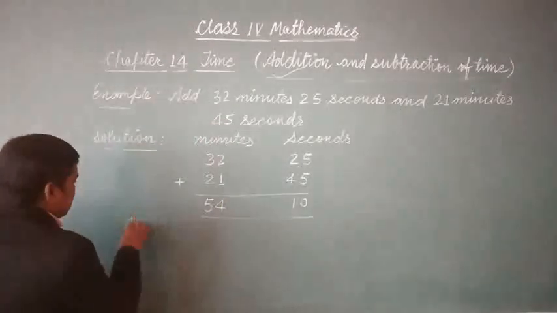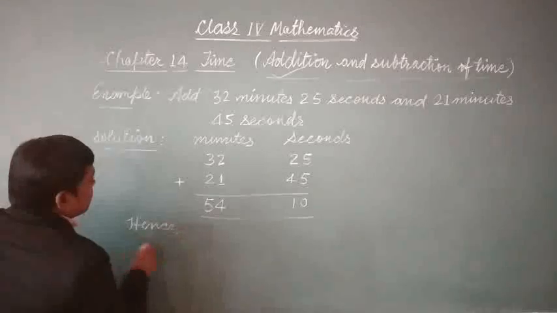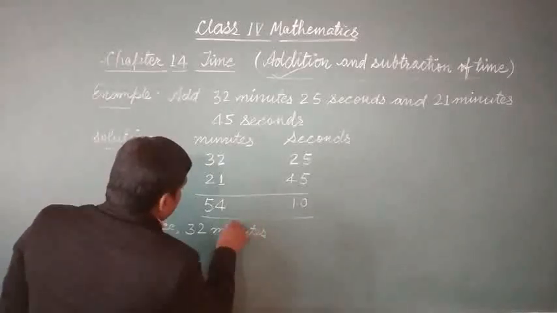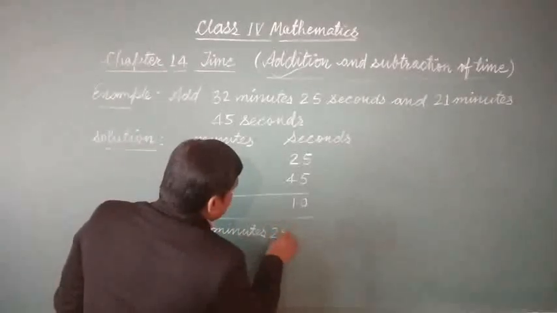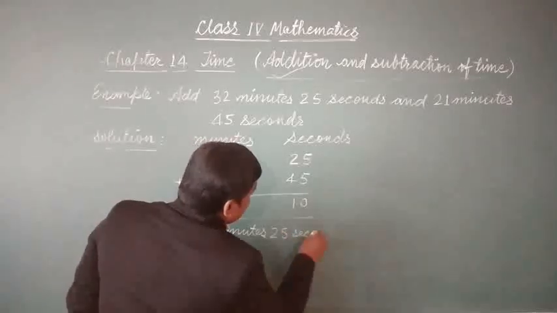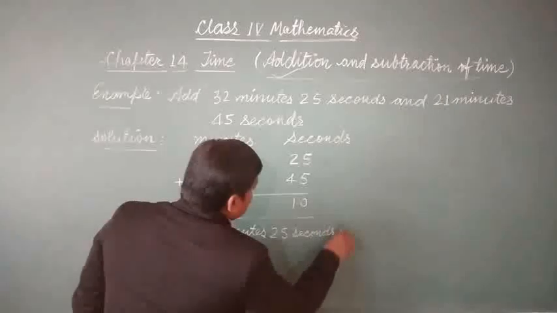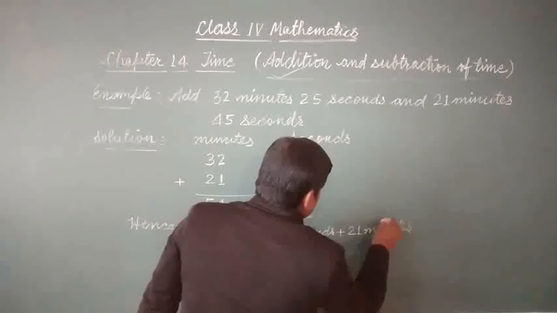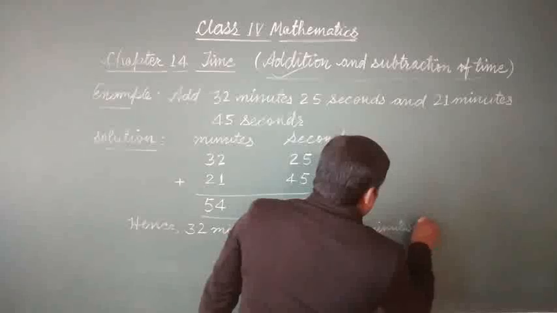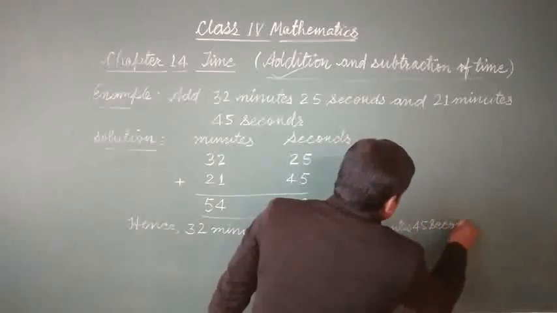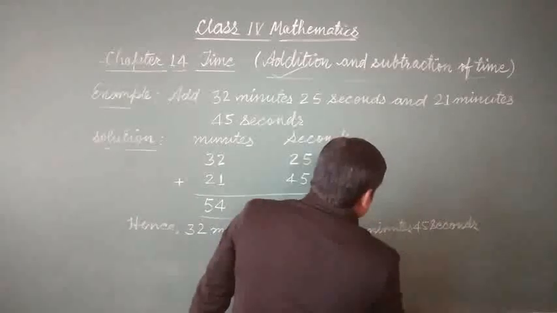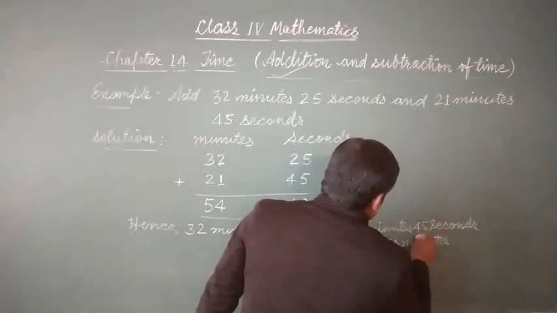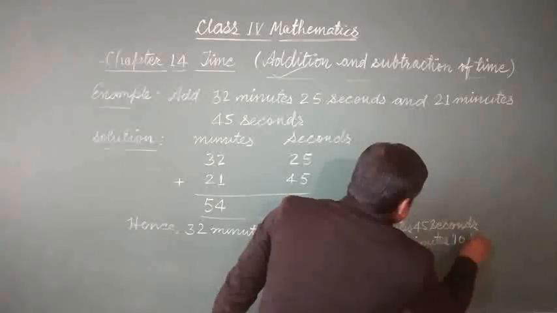So we write hence 32 minutes 25 seconds plus 21 minutes 45 seconds is equal to 54 minutes 10 seconds.